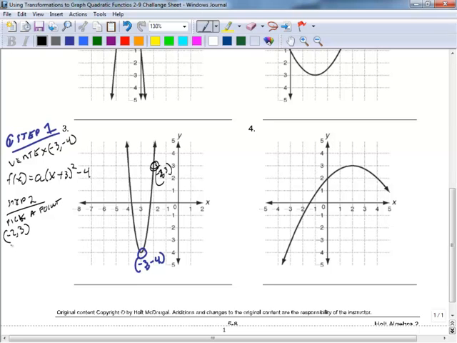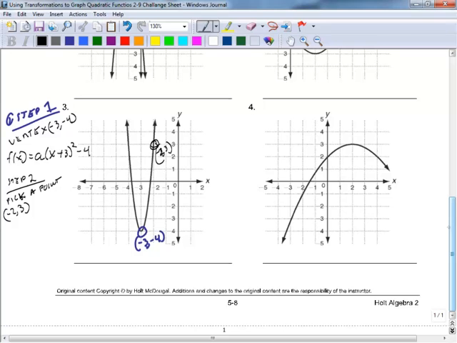What I need to do now is plug it into the equation and solve for A, because that will be the only unknown I'll have left. I'm plugging in (-2, 3). Where I see f of x, that's the y value, so I get 3 is equal to A times (-2 plus 3) squared minus 4.